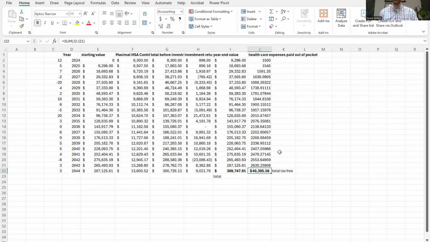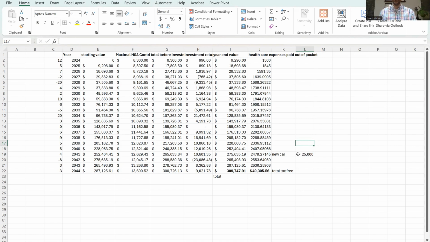So let me explain. All these years, you had your HSA growing in the background, but you also incurred these expenses. Here's another cool thing that you could do. I'm just going to write new car right here, and say 25,000. At year 2041, something really happened.